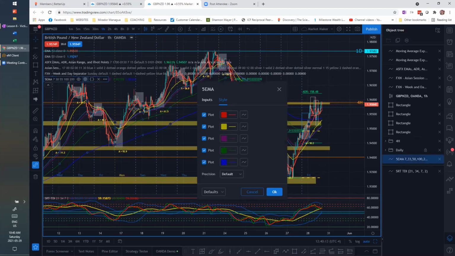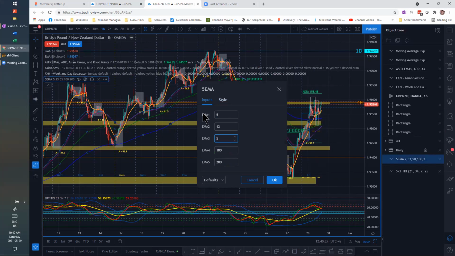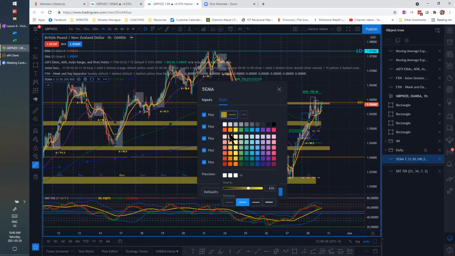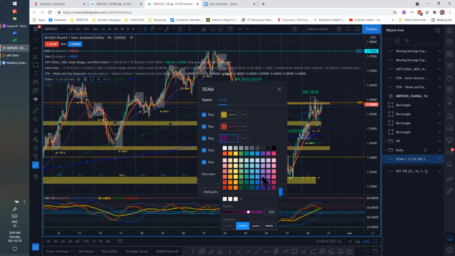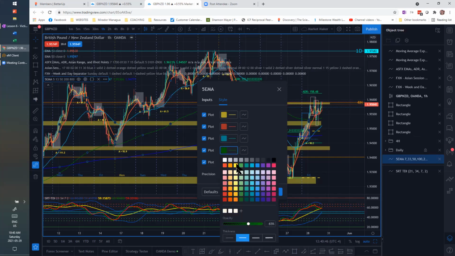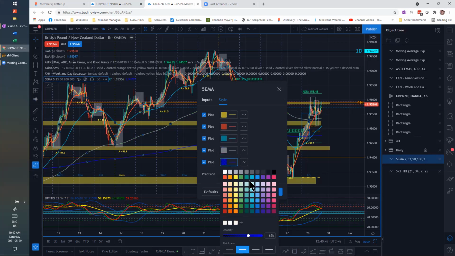Strange. So obviously something about TradingView is on a per computer basis. 5, 13, 50. $800. It's enough for Blueberry. Okay.